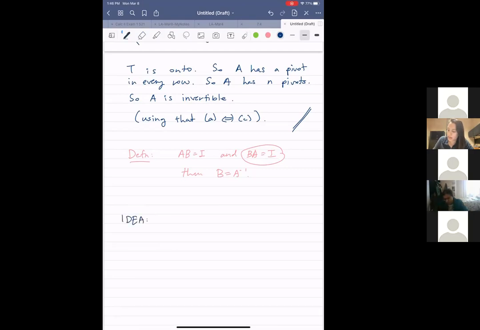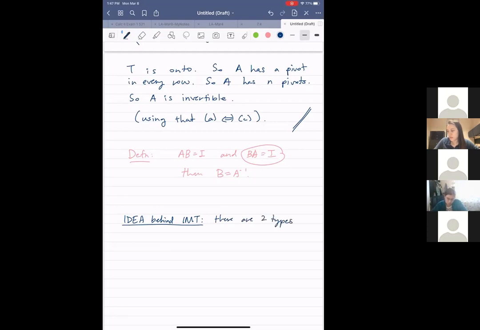But the idea behind the invertible matrix theorem, let me make this clear. It's that there are two types of square matrices.